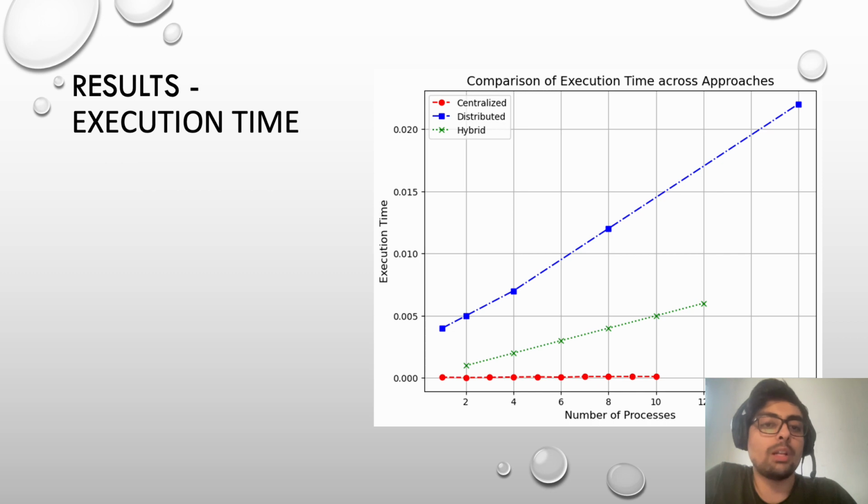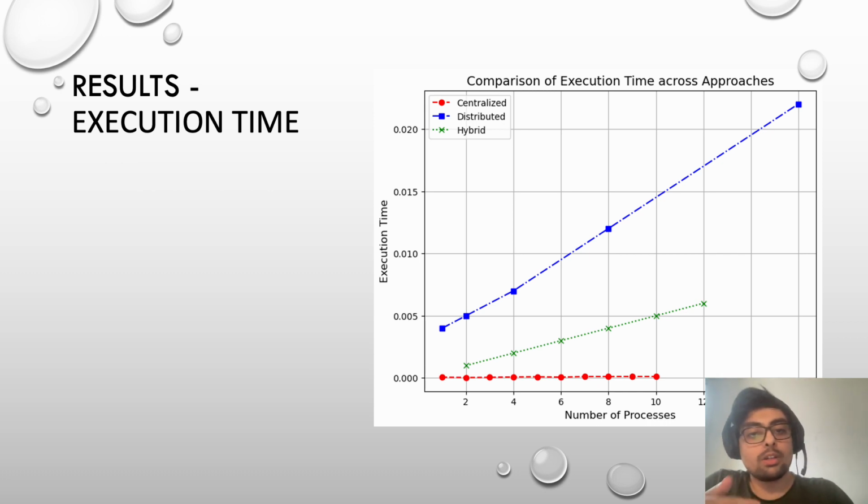On the other hand, if we look at the distributed CMH algorithm, you can see it has the highest execution time and it is linearly increasing. That is because as the number of nodes increases, there is a delay in sending the messages, and when you send a message there is a latency.